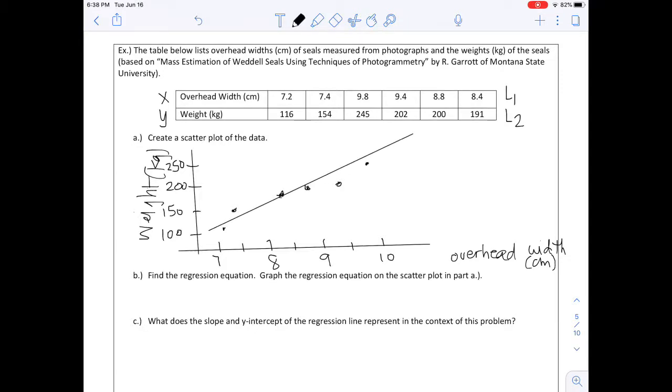I'm estimating it right now, but something along those lines. I'm going to use the calculator to find this more accurately, and I'll draw that in a little bit better. So from here, we need to put our data into L1 and L2. I will go through how to use the graphing calculator to create your scatter plot, and then we will also use that to find our regression equation, and then from there, we'll keep going with the problem.